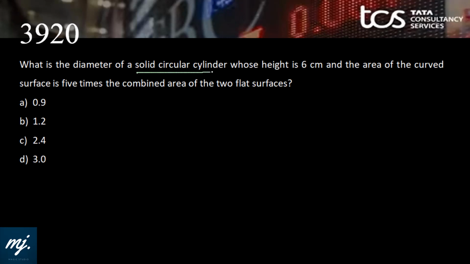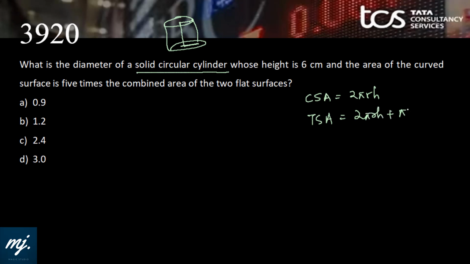Again we have a right circular solid cylinder. Curved surface area is 2πrh, total surface area is 2πrh plus 2πr², and volume is πr²h. What is the diameter of the solid circular cylinder?